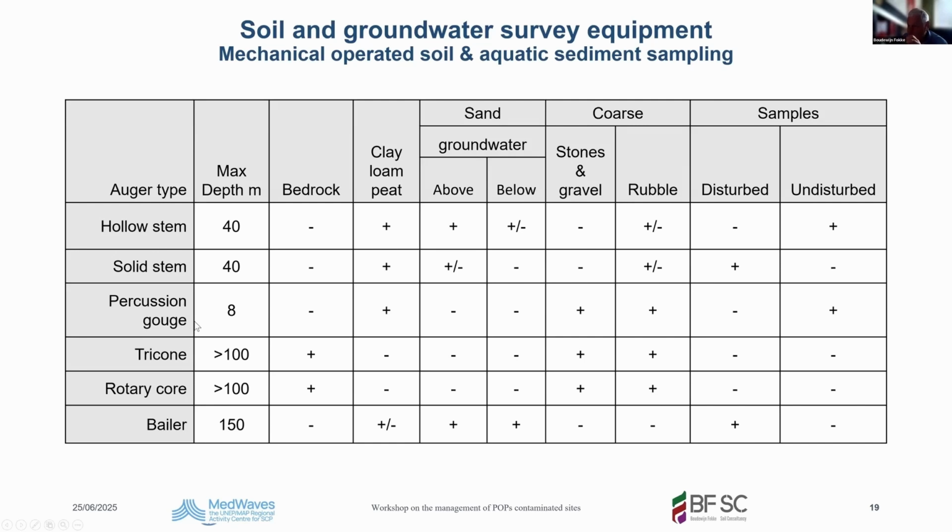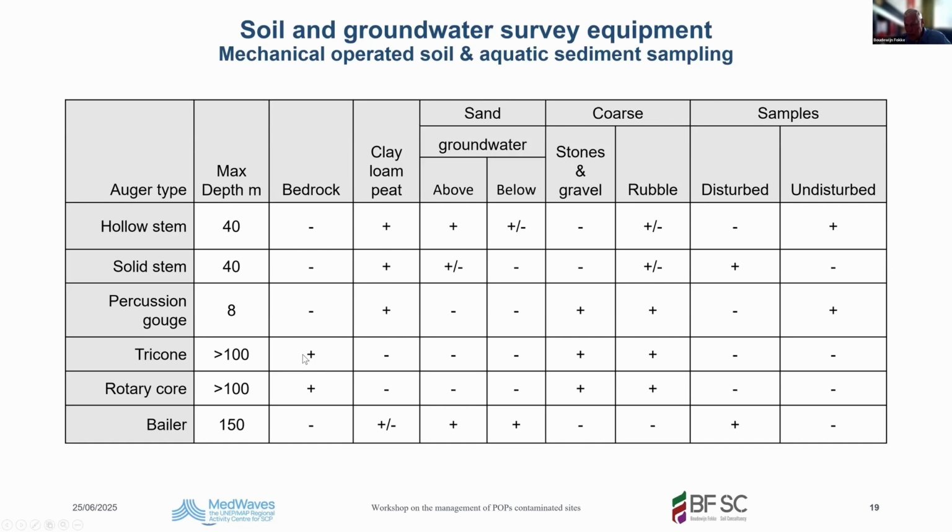Percussion, so hammering down, maximum 8 meters, in clay and in peat, not in sandy soils. Gravel and stone is possible, undisturbed is also possible. Tricone, more than 100 meters deep, and here gravel and stones and bedrock.